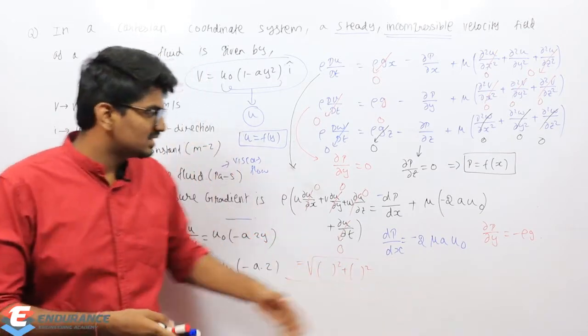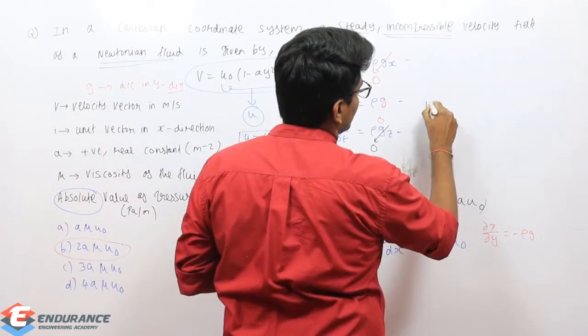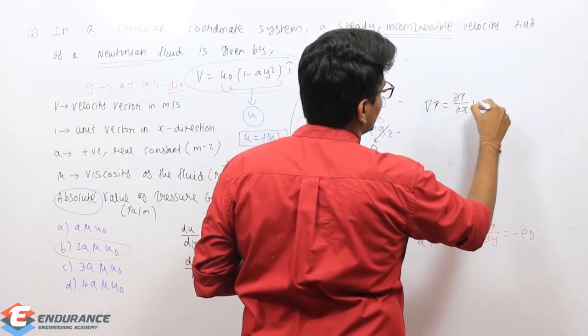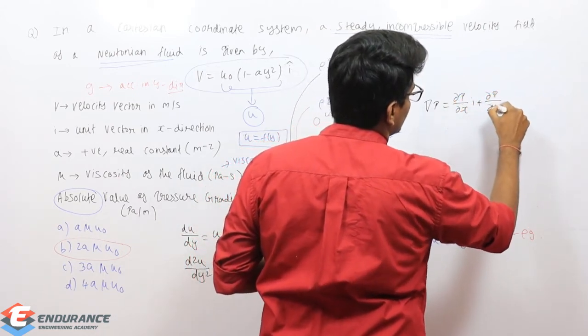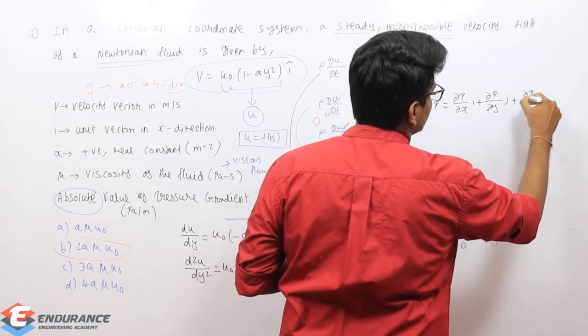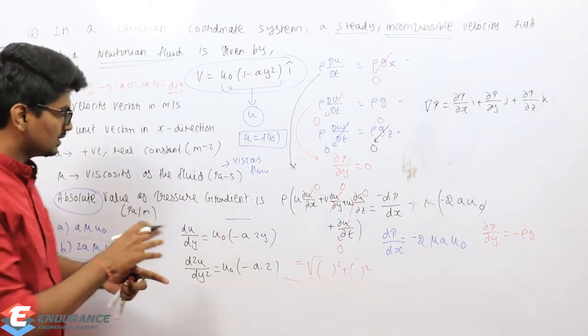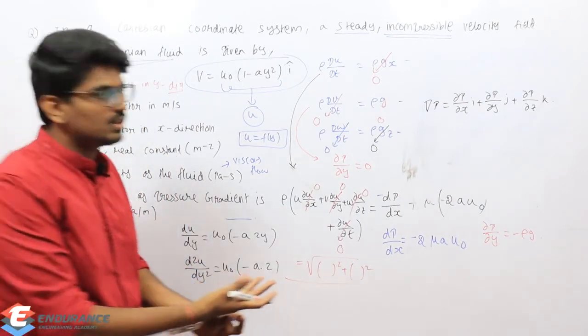In fact, let me write it down here, like delta p will be equal to dou p by dou x i plus dou p by dou y j plus dou p by dou z k. And if you want to find out the magnitude alone, then what will you be doing?